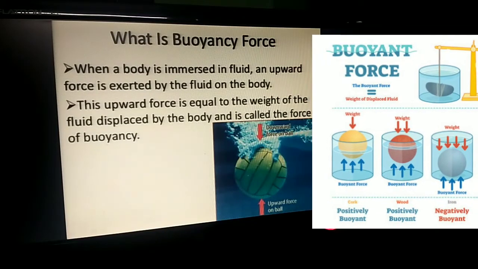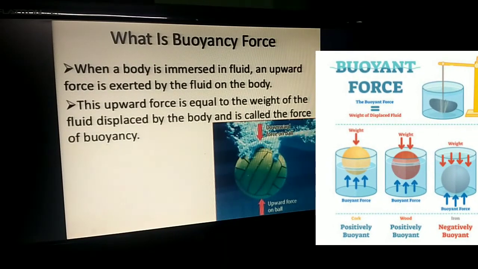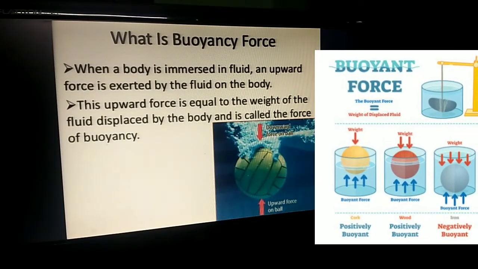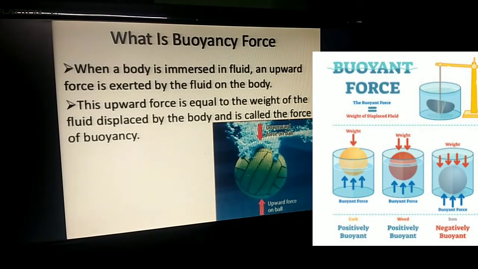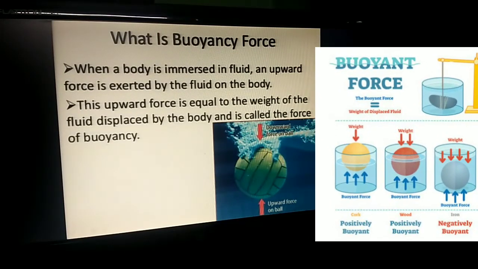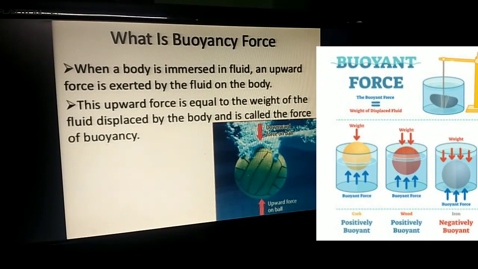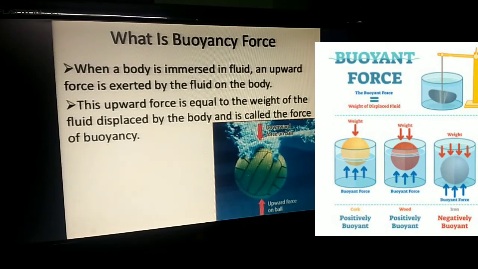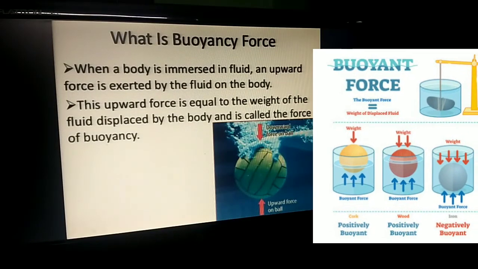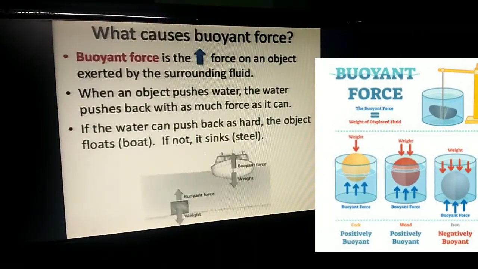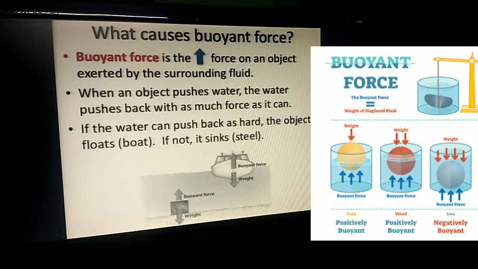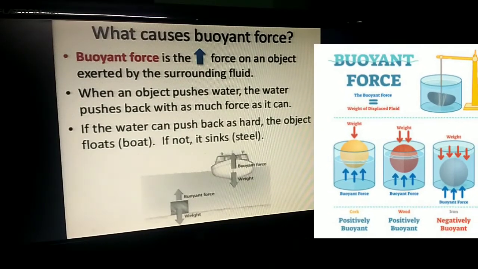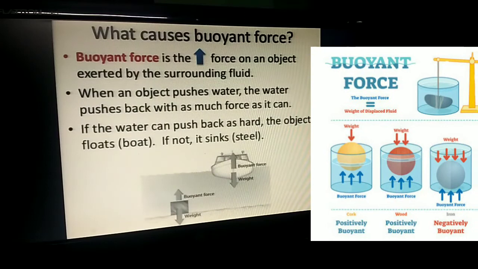This upward force is known as buoyant force or upthrust, which is equal to the weight of the fluid displaced by the body which is immersed in it, and is called the force of buoyancy. What is fluid? Fluid is nothing but that which flows.